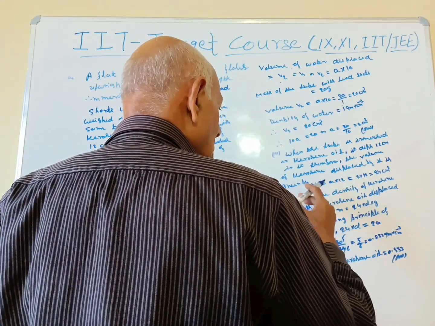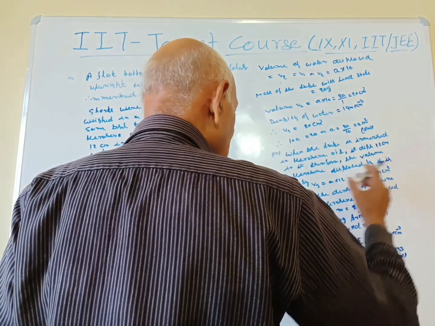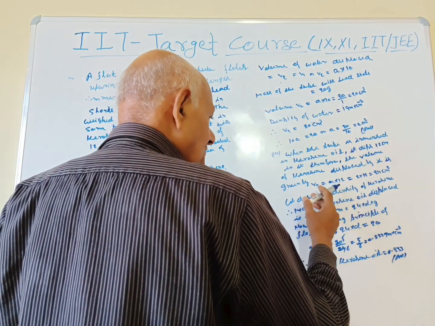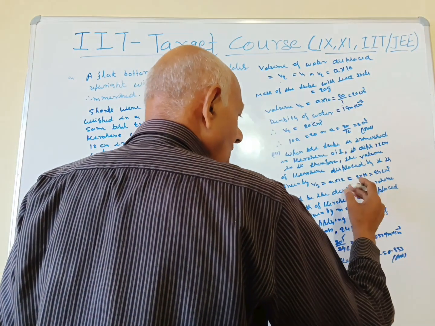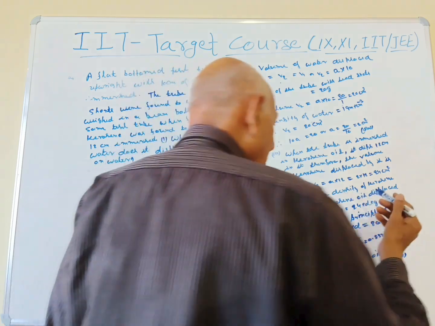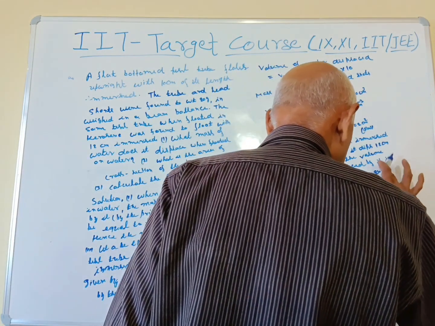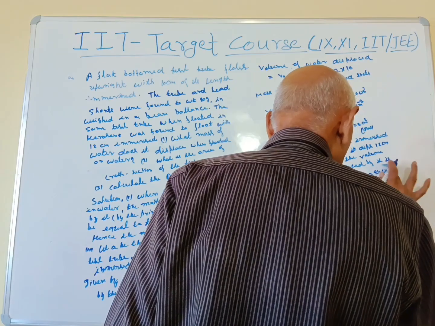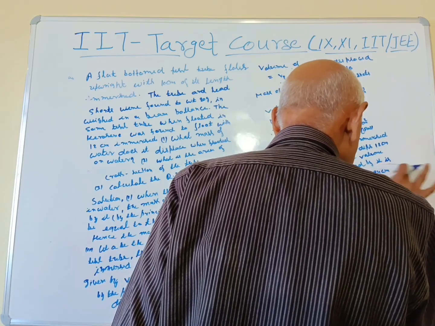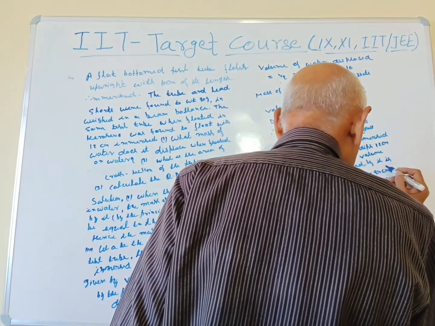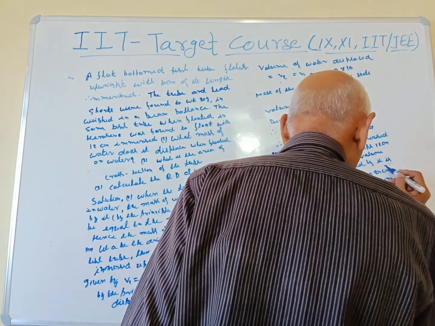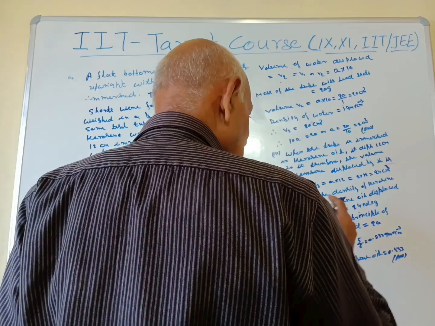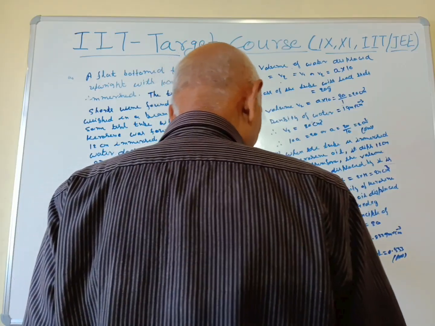Therefore, the volume of kerosene displaced by it is given by V3 equal to area of cross section into 12, equal to 24 cubic centimeter. Let d be the density of kerosene oil.